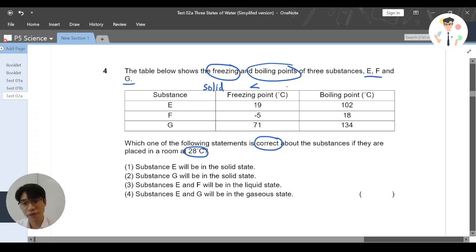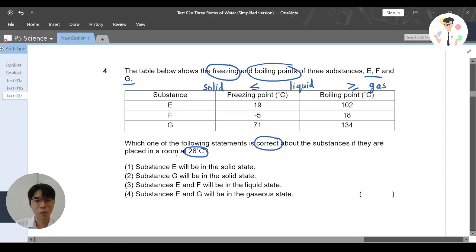If it's above freezing point, it will become liquid. But if it goes beyond boiling point or is at boiling point, then what happens? It will become actually a gas state.